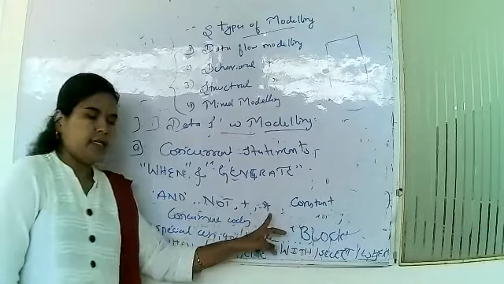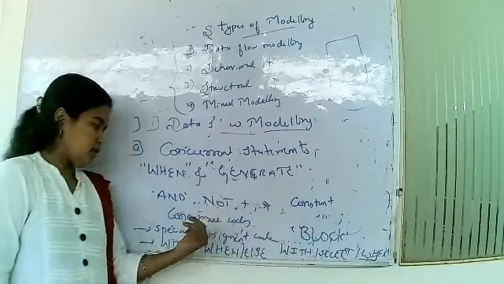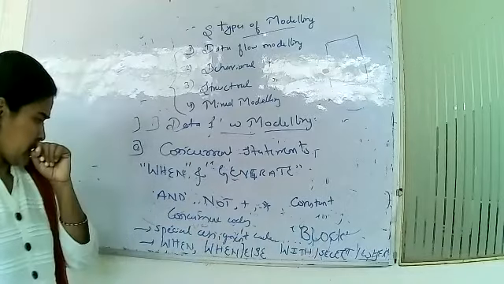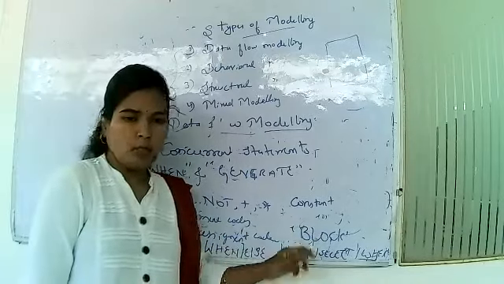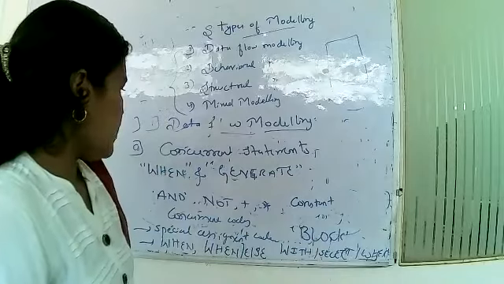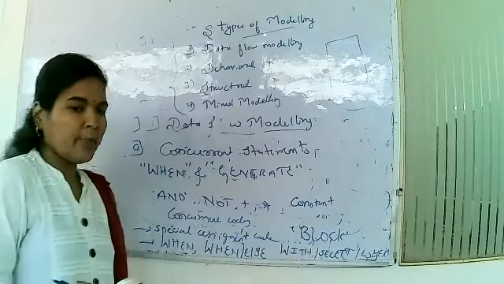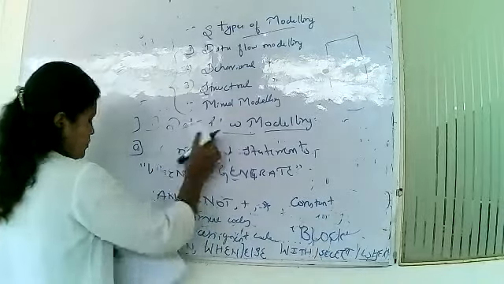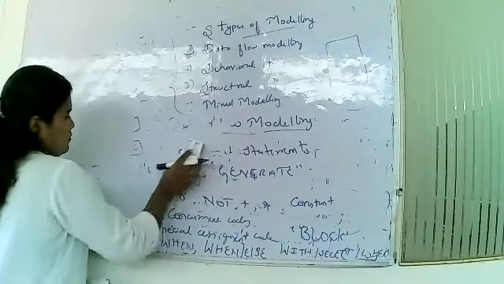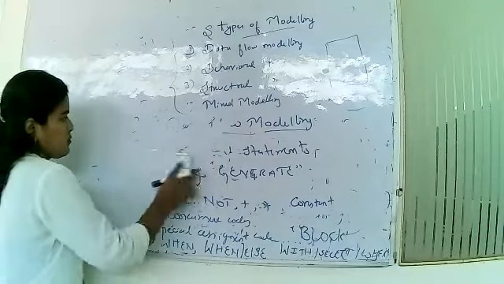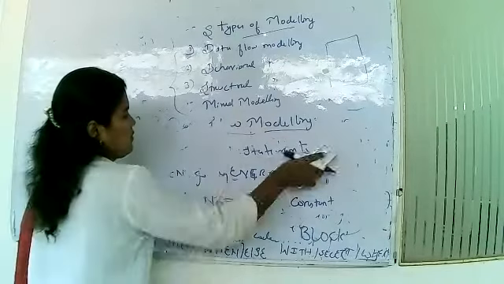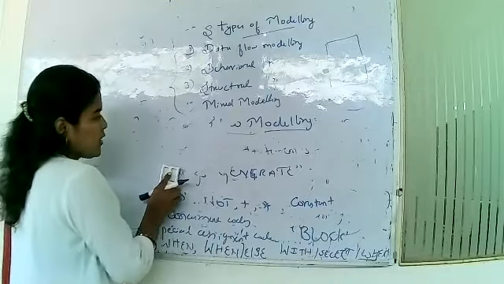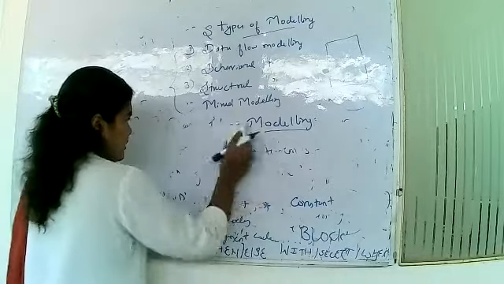And, not, plus, and multiplication star are the constant concurrent codes. There is a special assignment code called a block. We will study all these one by one with an example. So we have studied what? In data flow modeling, we have studied the concurrent statements.